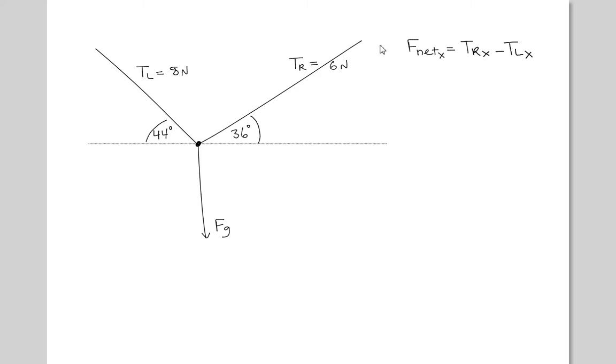And what did we say in the lab? That the net forces have to be 0. What does it say in the notes for an object at equilibrium? The net force is 0. So like this object is not accelerating.